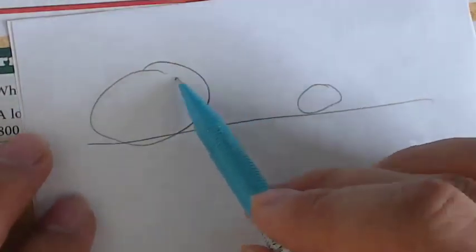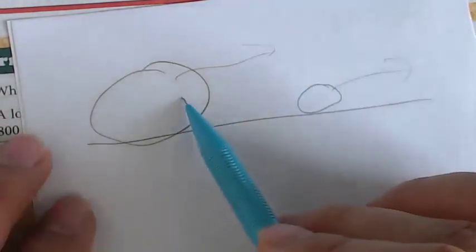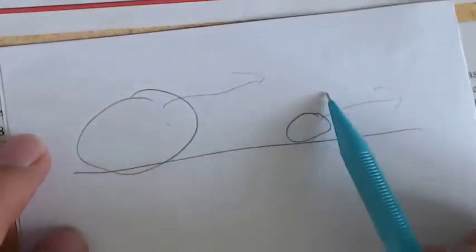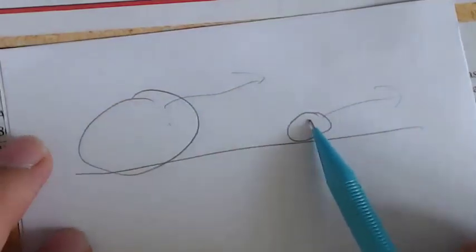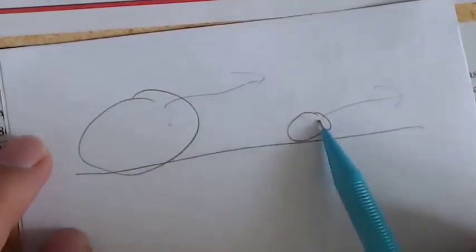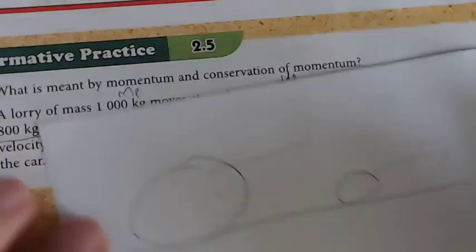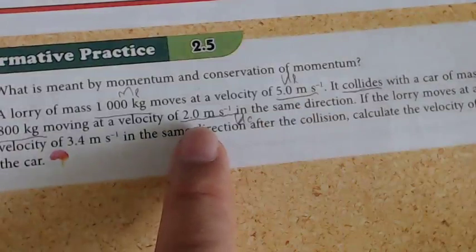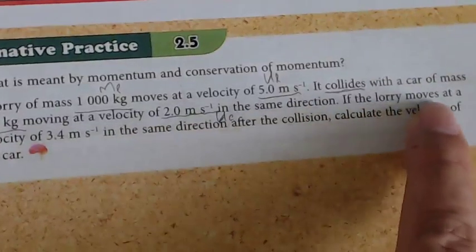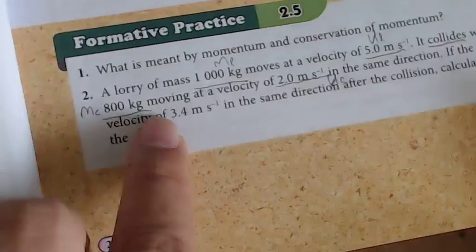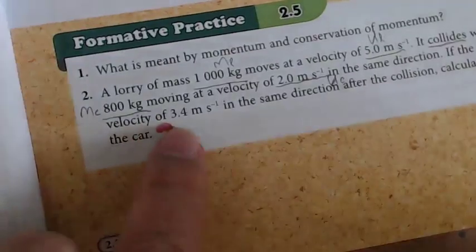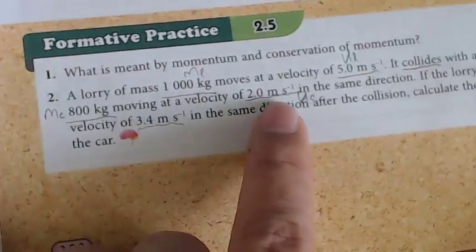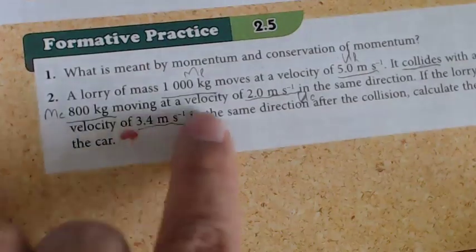Before collision they both go the same way. But guess what? This lorry got no manners. He speeds up until he can chase the car and hit it. If the lorry moves at a velocity of 3.4, higher than the velocity of the car, this is why the lorry can chase up the car.